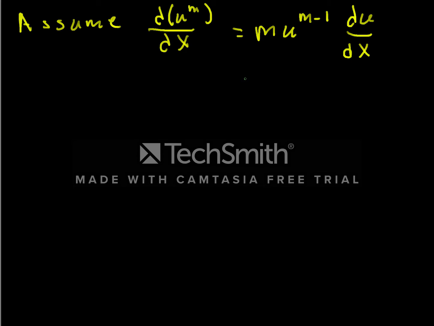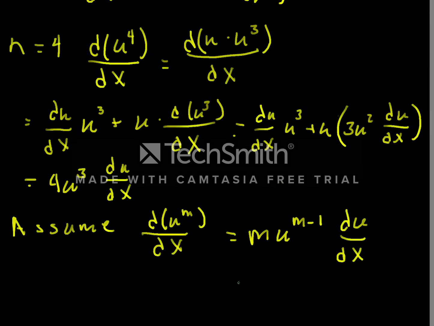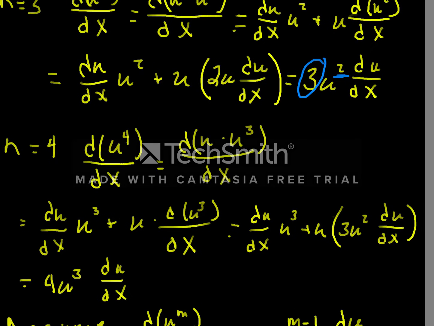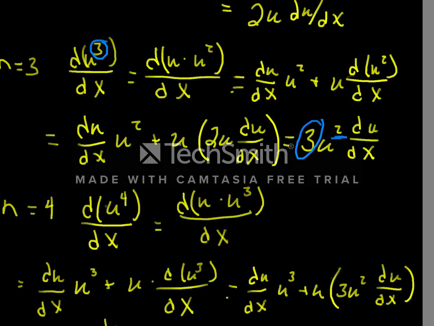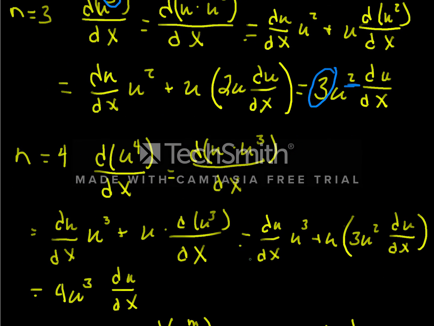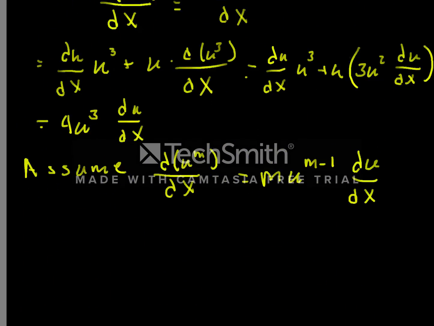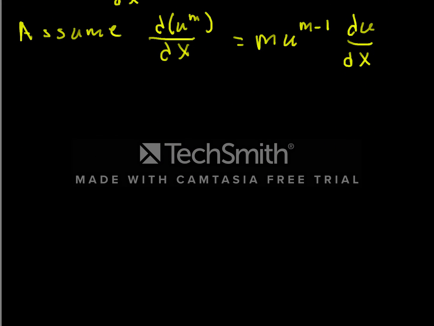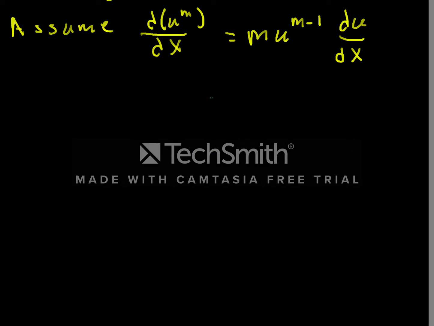So in the steps we did, we kept using the previous information, right? To prove that the differential of u to the fourth was 4u cubed, we broke it up into 2 pieces and we knew already what the previous derivative was. So we're going to start with the assumption that we know what this is already, and we'll calculate d of u to the m plus 1.